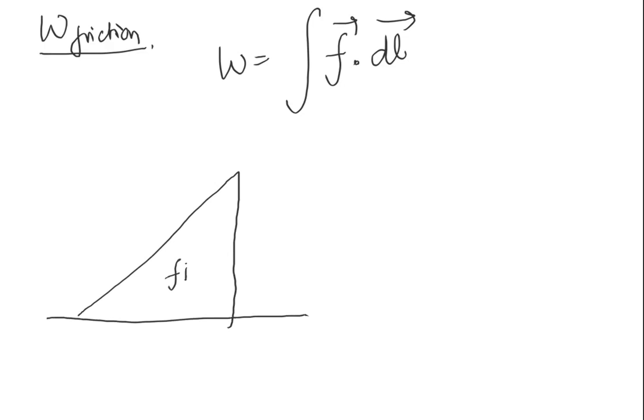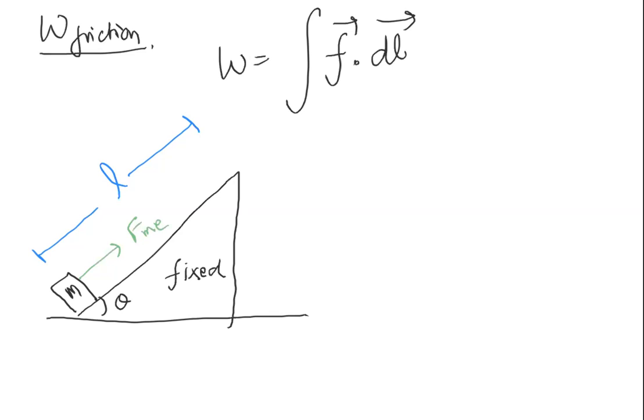So this is a fixed inclined plane of angle theta. I take an object of mass m and I move the object to the top of the incline. I applied some force. So this is me pulling the object.